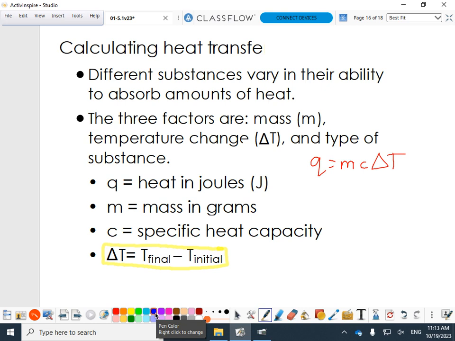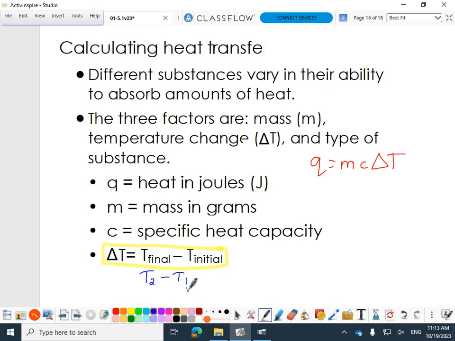In this formula, you have to have a delta T. And when we do delta T, it must be TF minus TI, or T2 minus T1. Eventually, when we get to more complicated questions, the sign, whether it's positive or negative, is going to impact our data and how we analyze it. So you have to do T2 minus T1, okay?